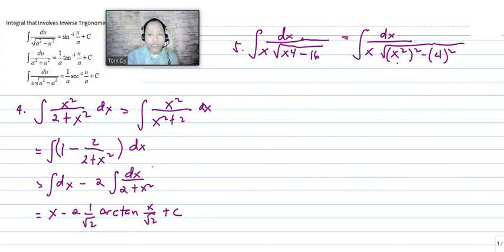So in this case, if we use this formula, let u be equivalent to x squared, and then du is equivalent to 2x dx.